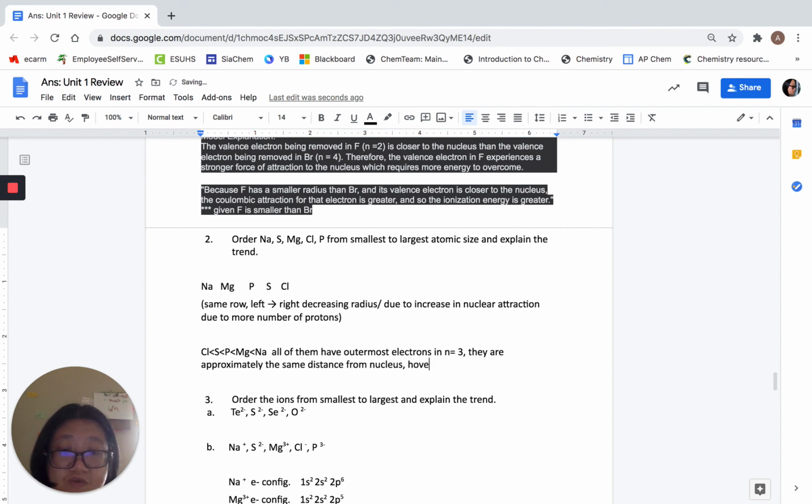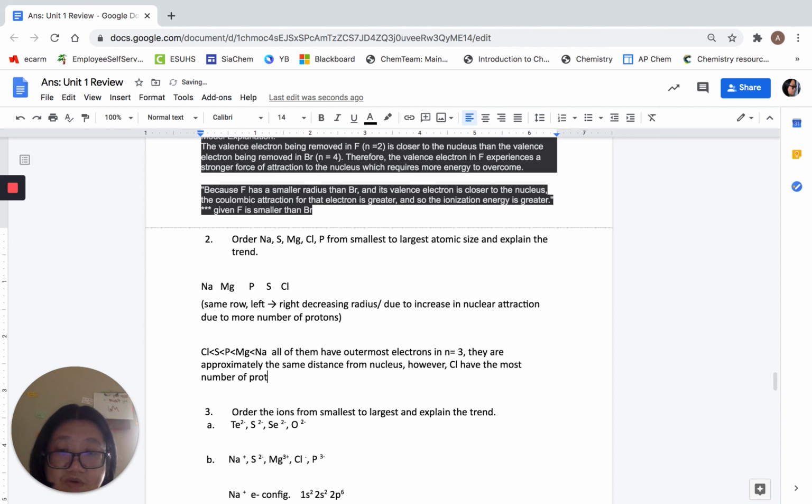However, Cl has the most protons, and you can also put it in there, 17. S is 16.